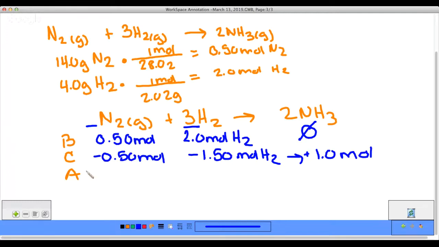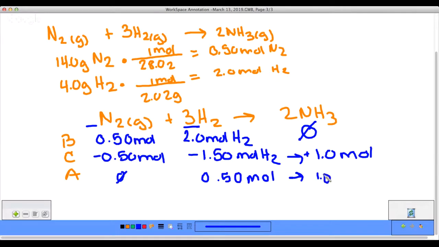And so what we have right here is that this is going to be 0. And we're going to have leftover 0.5 moles. And I'm trying to do this with my really small mouse pad, so excuse me while this takes me a little bit of time. And then I'm going to produce 1 mole of this.